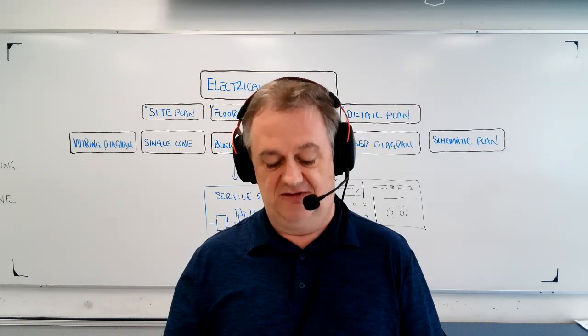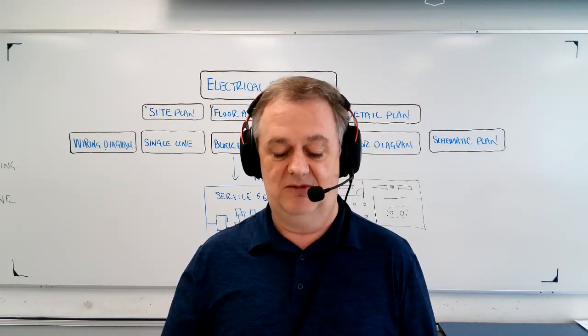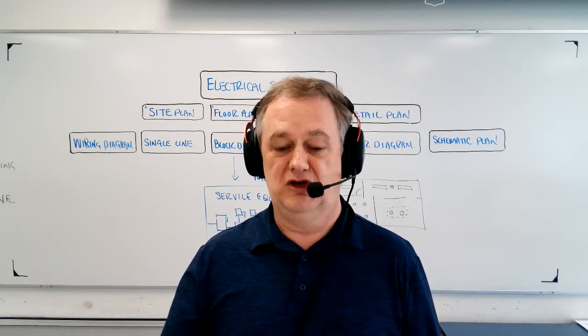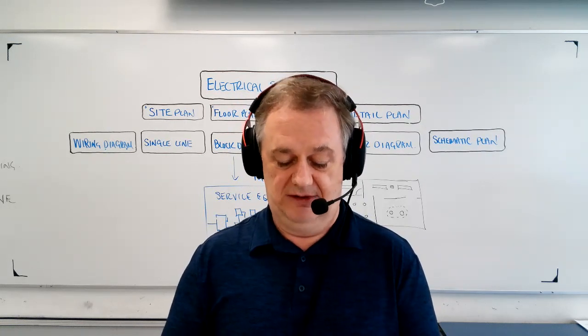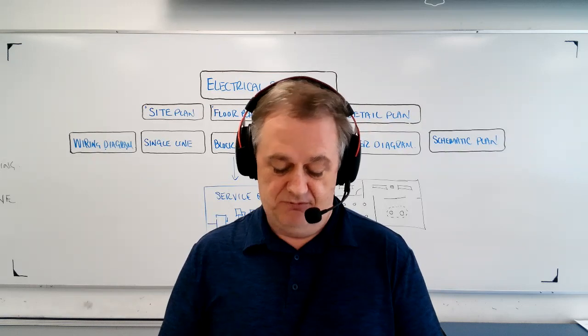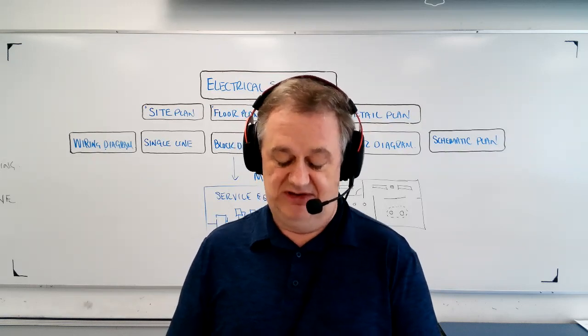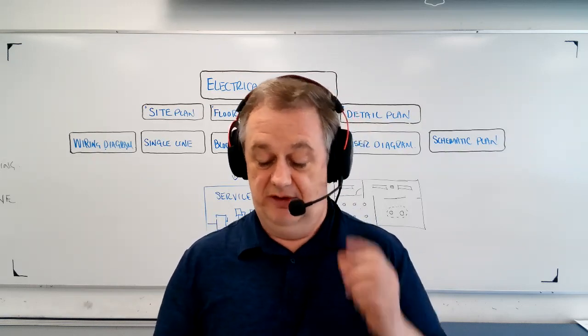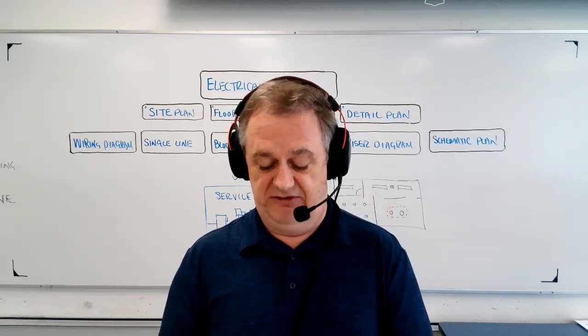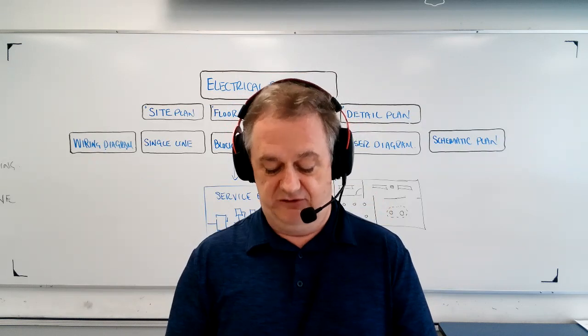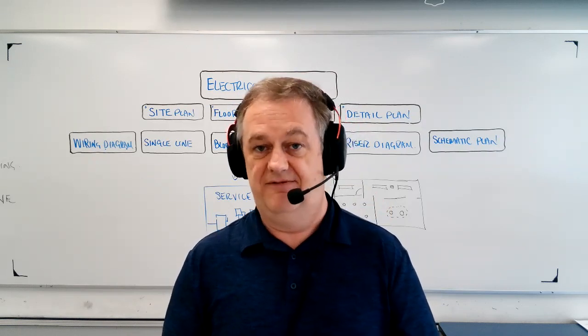Flipping to the next page, I've shown you an example of a block diagram. This is an MCC, and it shows where the cubes have to be laid out, where the main switch is, and everything like that. The next page is an electrical detail. This is one of the power panels that we're going to look at and explore. This drawing on page 31 is from the DFO prints.